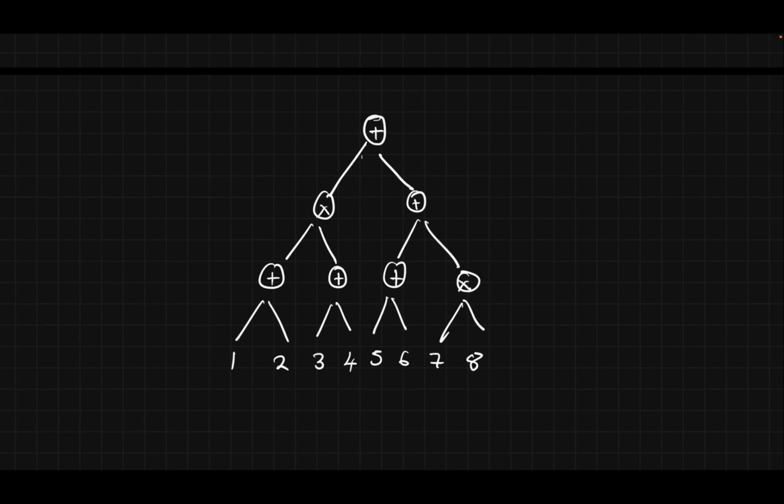So what will be the output of the first gate? What is the second one? What is the next one? Last one? This one? This one? And this one? So these are the intermediate evaluations, right?